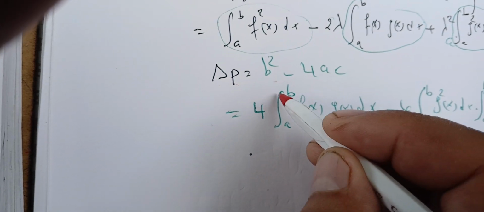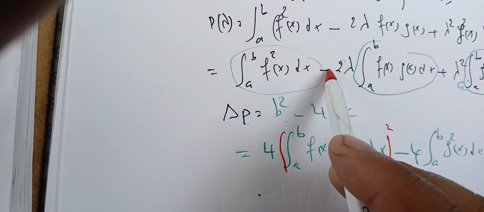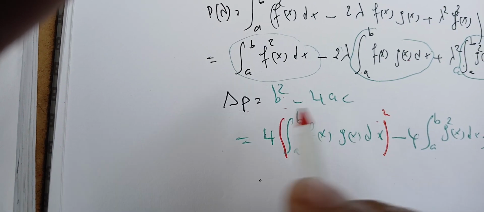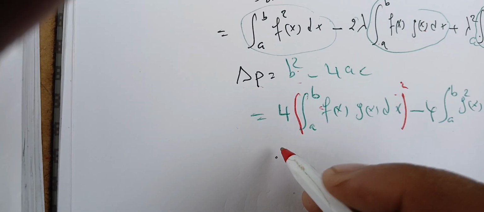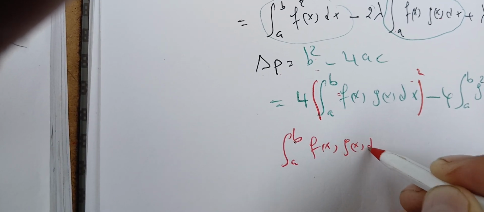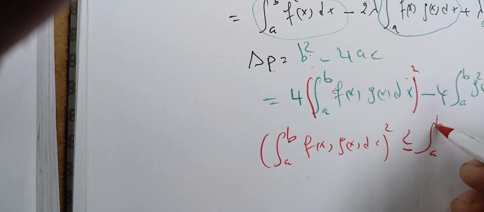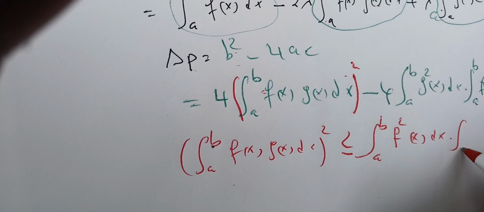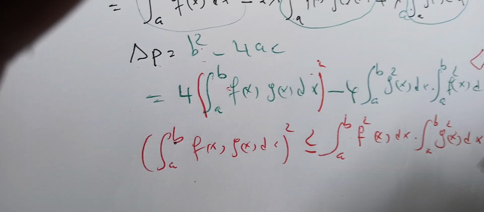I forgot to put this one squared because this is b. b is this one, minus 2 lambda times the integral between a and b of f of x g of x, so it should be squared. And if it's less than 0, this means that the integral between a and b of f of x g of x dx, squared, is less than the integral between a and b of f squared dx times the integral between a and b of g squared dx.